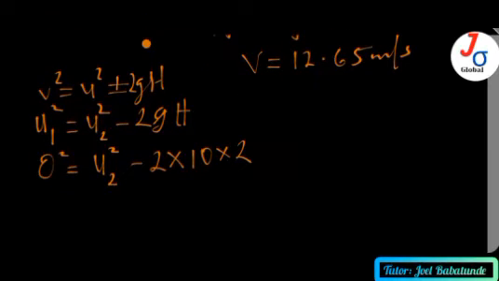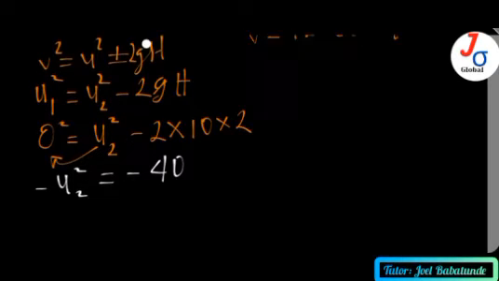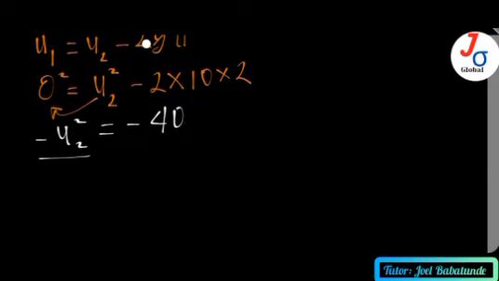So basically I'm going to take this to this side, and that gives me minus u2 squared equals minus 2 times 2 is 4, 4 times 10 is 40. Good. So I'm going to divide both sides by minus. Minus cancels out minus, so I have u2 squared equals 40.